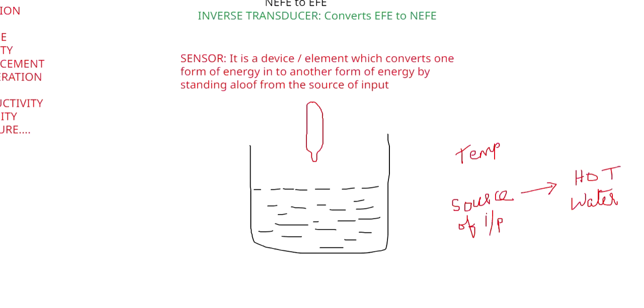What is the input I have to measure? Temperature. So this thermometer will take temperature as input and produces output, as displacement in mercury level or some other means, right?